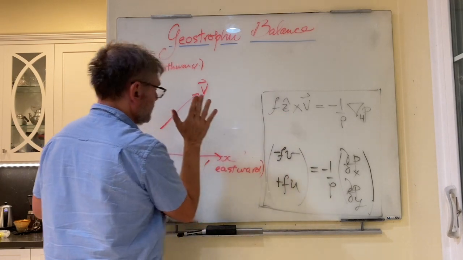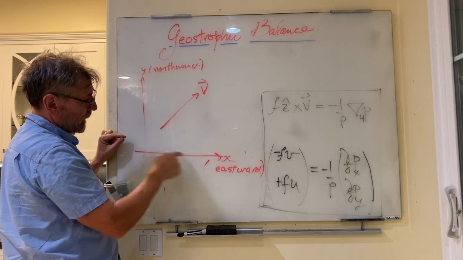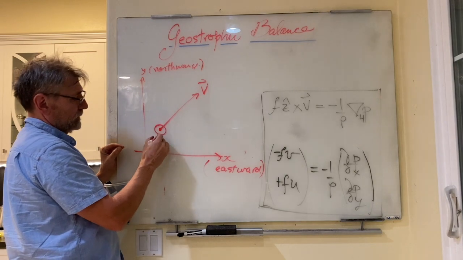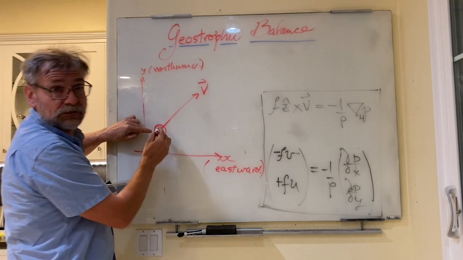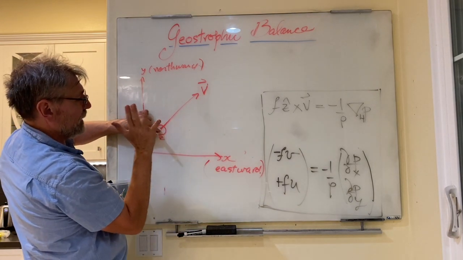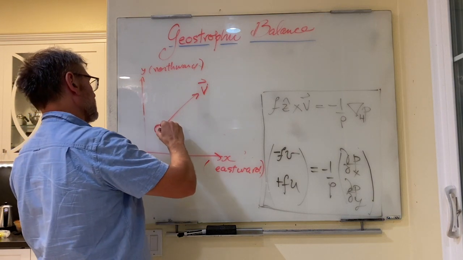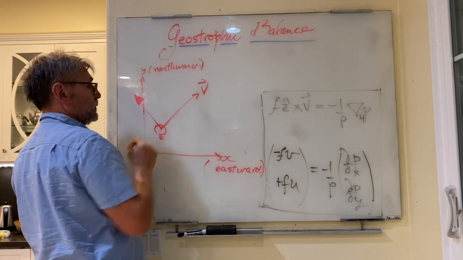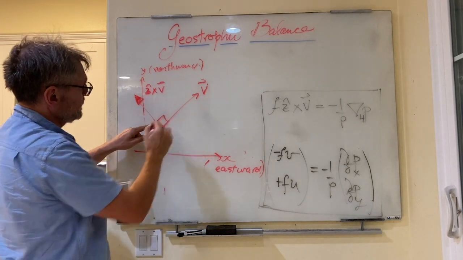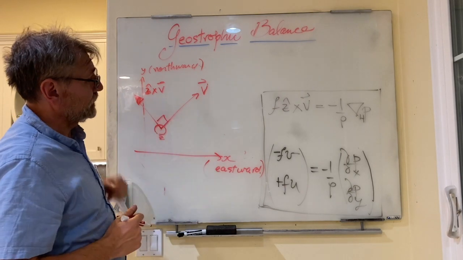So z hat cross v: the z hat is the part which is perpendicular to y and x. So if we're looking down on the Earth, the z hat vector is pointing out of the board, coming out at us. And if I cross z hat into v, then I use the right-hand rule and sweep this into here, and my thumb, which is in this direction, is in the direction of z hat cross v. So it's going to be at 90 degrees, pointing to the left of v.